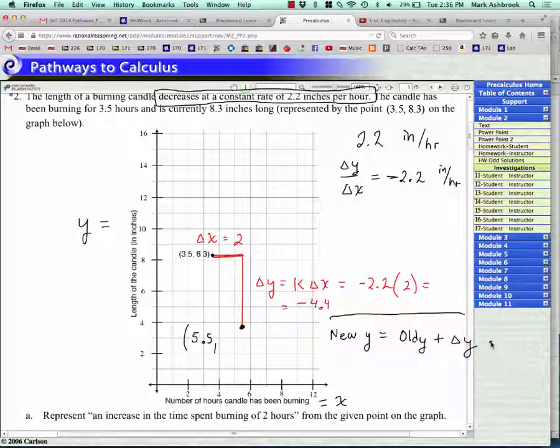This should make sense that if you have a starting value of y and you add the change, you're going to get your new value of y. So the old value of y was what? 8.3. How much did y change? Negative 4.4. So we were at 8.3, we changed by negative 4.4. Therefore, 3.9.